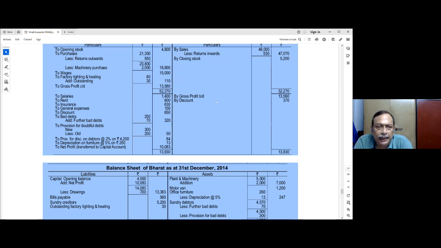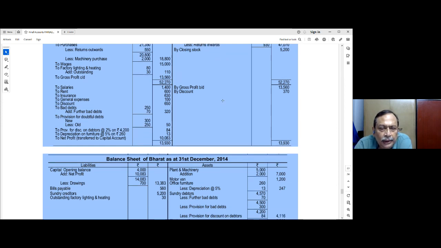And in the debit side, we are writing to salaries, to rent, to insurance, to general expenses, to discount, then to bad debts, add further bad debts, to provision for doubtful debts, new minus old, to provision for discount on debtors, to depreciation on furniture. So credit is more than the debit, so that we have to net profit transferred to capital account.